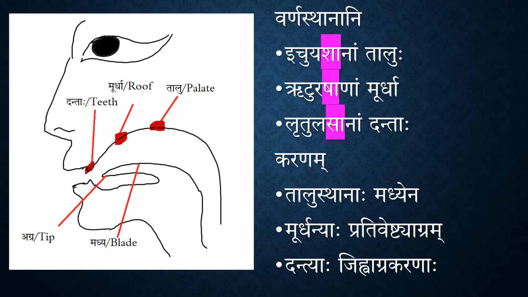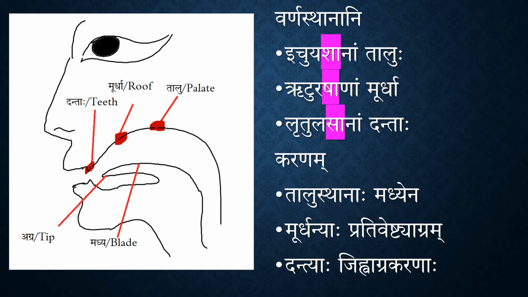That means the middle part of the tongue is used to produce the sounds which originate from the Talu, or this palate. The middle part of the tongue has to come near this part, the Talu part.